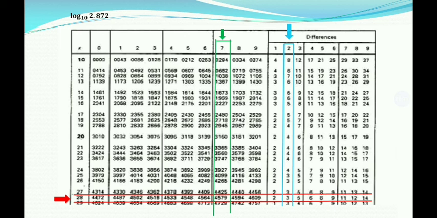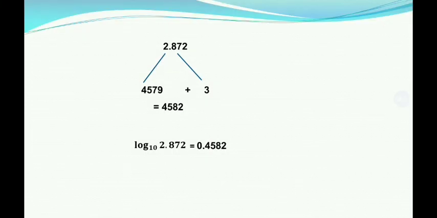So we got two numbers here, that is 4579 and 3. Now we have to add both the numbers, that is 4579 plus 3 is equal to 4582. Therefore log of 2.872 is equal to 0.4582. Where did we get this 0? 0 is the characteristic of the number.